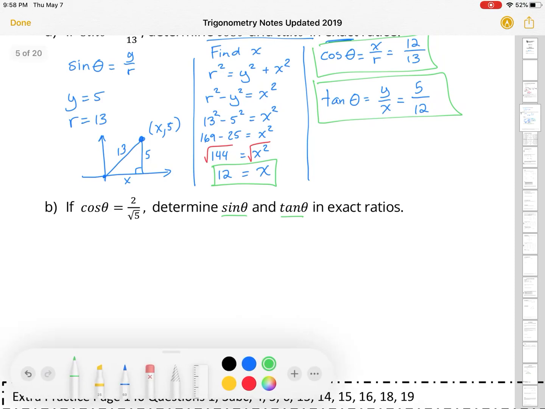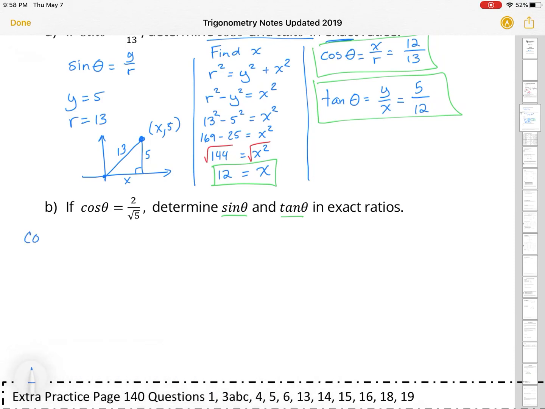If cos theta equals 2/√5, determine sine theta and tan theta in exact ratios. So again, we have to think about our ratios. Cos theta is x/r. Refer back to that box, which is 2/√5. So that means x equals 2, r equals √5.